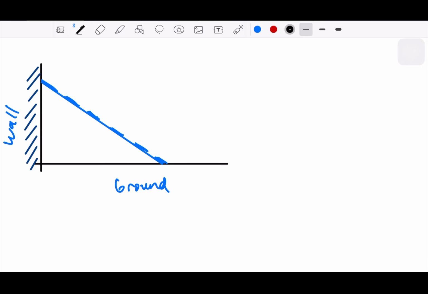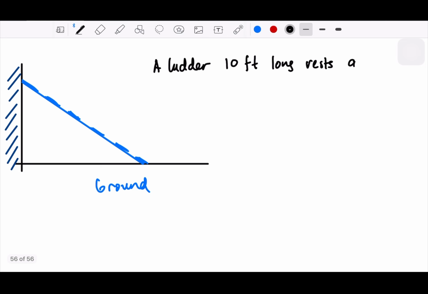So a ladder, let's say, for the example using feet, 10 feet long, rests against the wall.